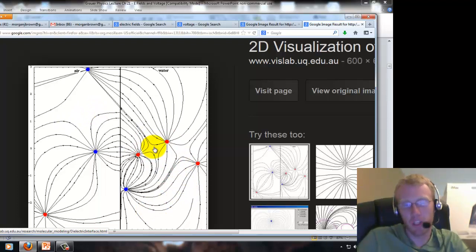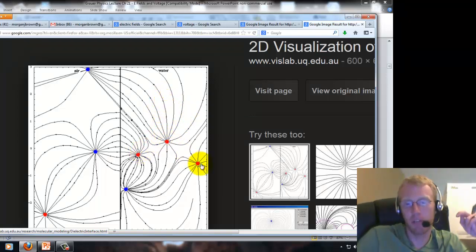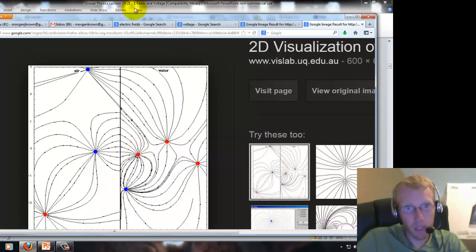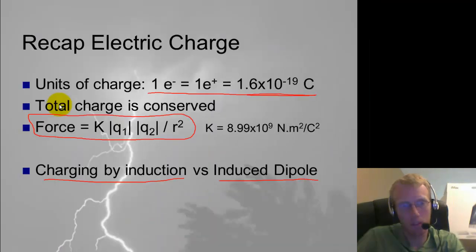So typically you wouldn't ever be asked to draw these yourself, but if given a picture, you should be able to explain, okay, if I were to put a positive charge right here, there would be a force along this direction because it's being repelled by these three. Even though it's being attracted by this guy, it kind of tilts it off course, etc. All right. That's enough of those, but they should give you an idea of the directionality of the electric field. It tells you the direction of the force on a positive charge.